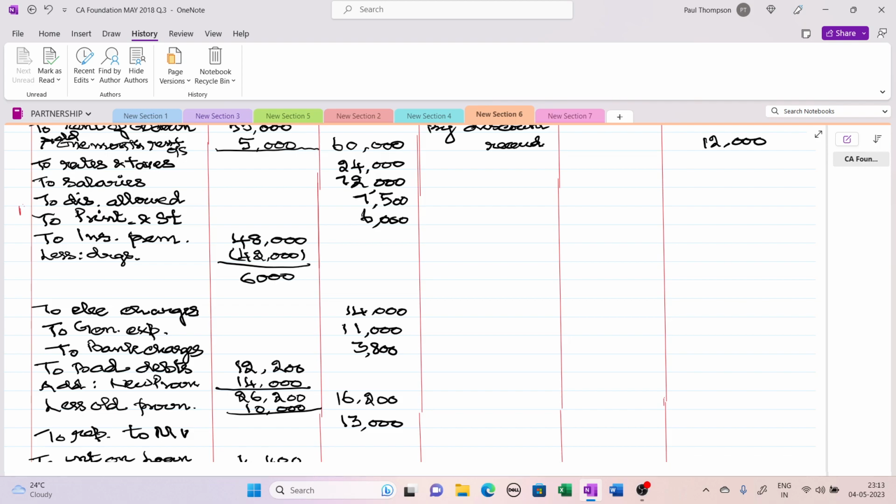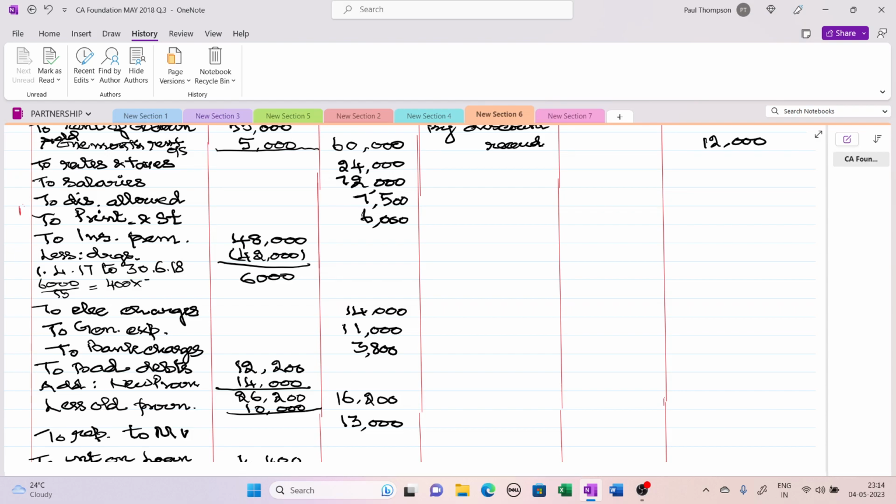They say that this balance amount is paid for 1/4/17 to 30/6/18. It means up to March 12 months, then April, May, June, a further 3 months. So they made the payment for 15 months, 6,000. You can calculate 6,000 divided by 15, because this amount is paid for 15 months. For 1 month it is 400.